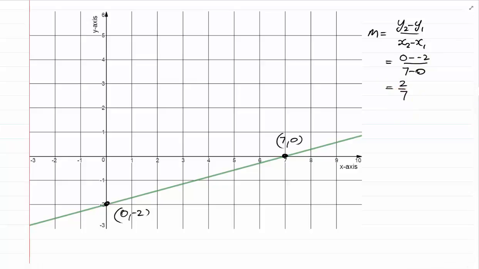I can also see quite clearly that my y-intercept is negative 2, so c is equal to negative 2, and I get y equals 2/7 x minus 2. And that's our function notation for this particular straight line graph.